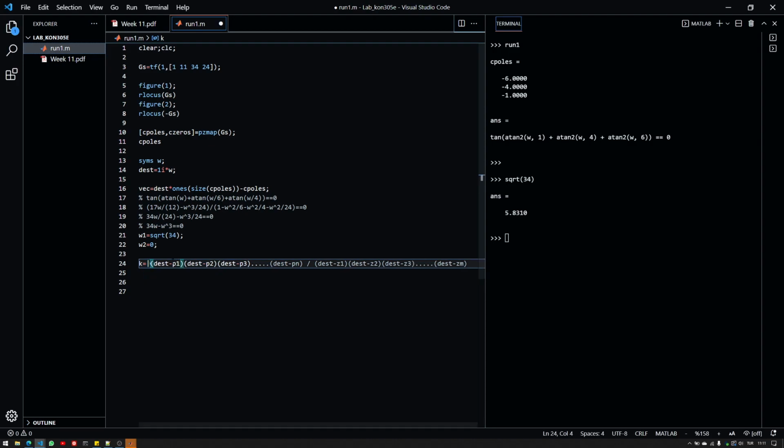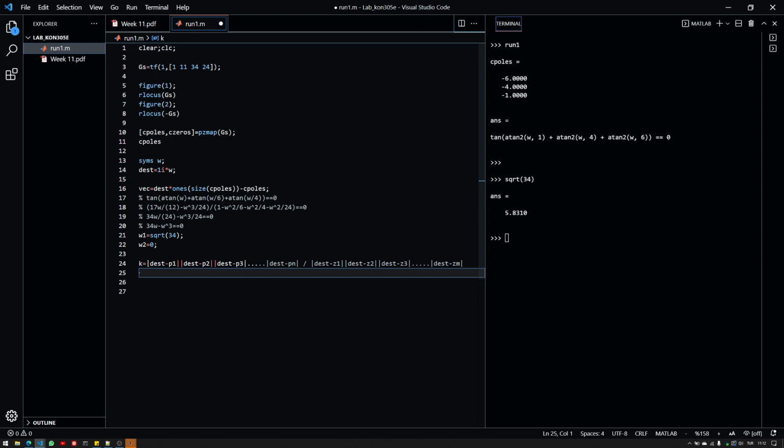I didn't write it down, so maybe I should change the parentheses into absolute values, or basically the distance here. So we should calculate the distance from each pole to the destination point and from each zero to the destination point, and take their products, the corresponding products, and divide them to get the gain that achieves that.